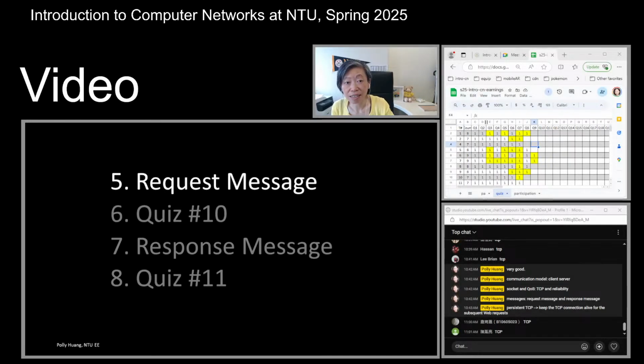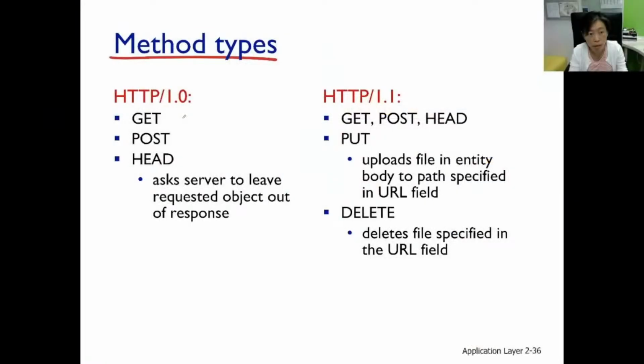All right, and the last video is just to tell a little bit more about other methods in addition to POST, GET, and URL. The last slide about HTTP requests here is quite straightforward. It tells you again what the commands are that are possible in the HTTP request line.